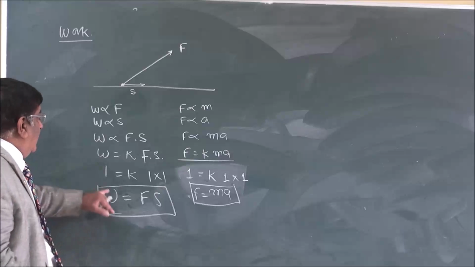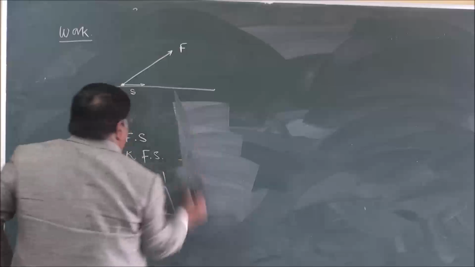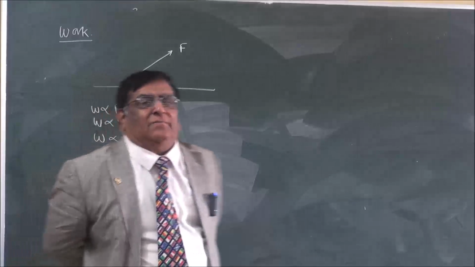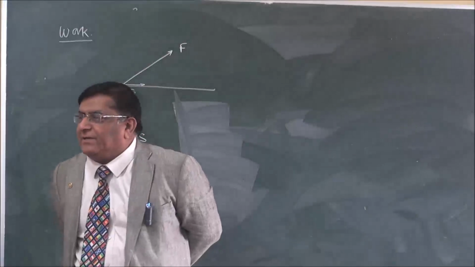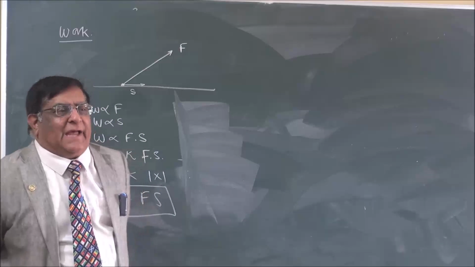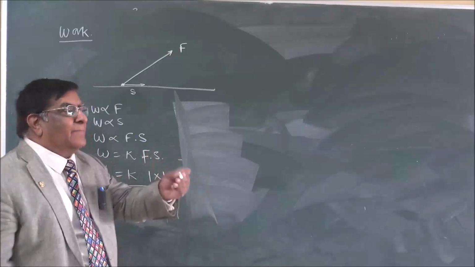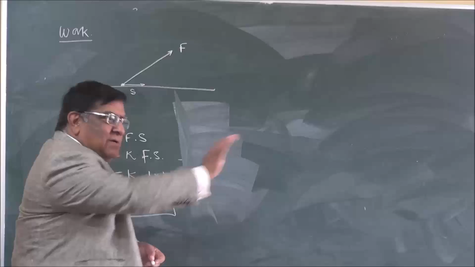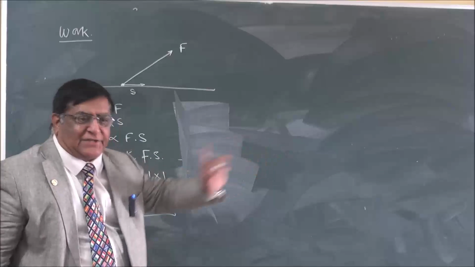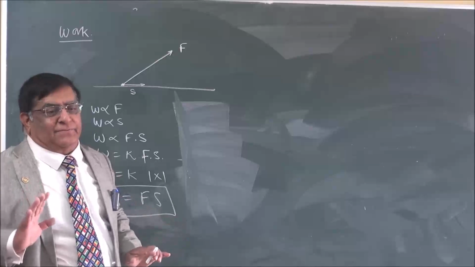Okay. So let's come to this: work is equal to force into displacement. Now in this, most of the job was done practically. If I have one object here, I am pushing in this direction, and it is getting displaced in this direction, I have to do certain work, I am losing my energy.